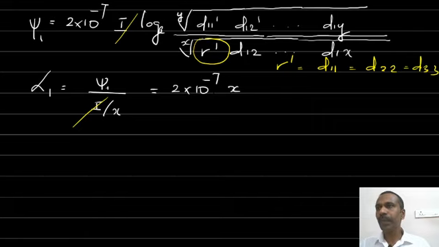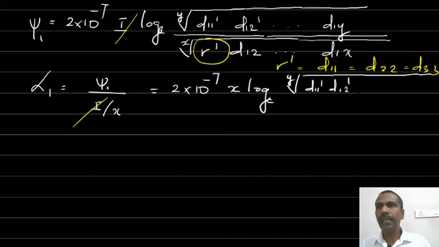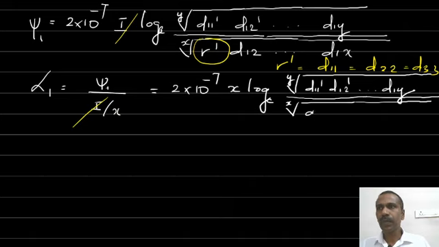This is 2 into 10 raised to minus 7 x into log of the yth root of d11 dash, d12 dash, etc. up to d1y, divided by the xth root of, what is r dash?